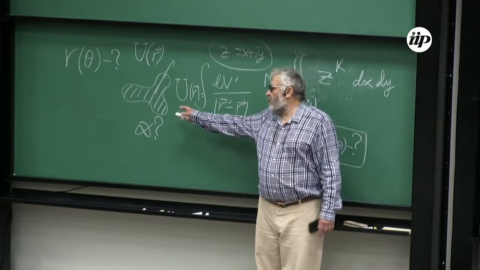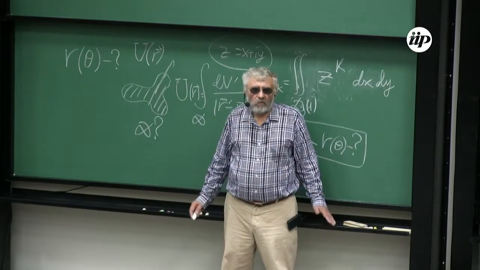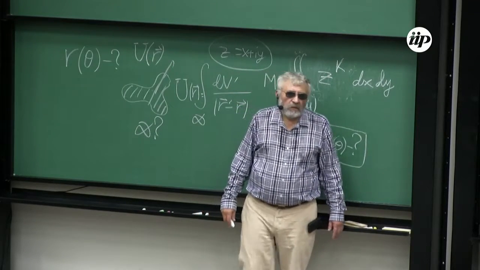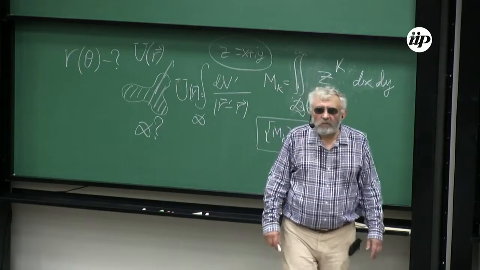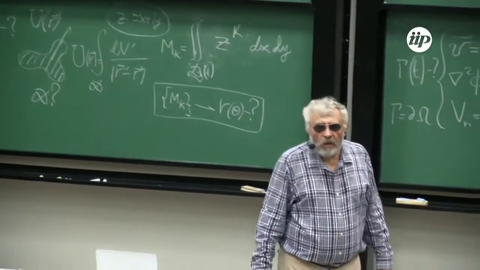For instance, if the boundary is analytic, it's one-to-one, it always exists. And the mathematician Pyotr Novikov proved that in the 1930s.